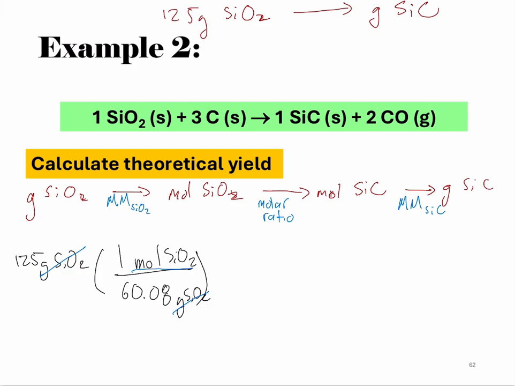Then we use the molar ratio. And where do we get the molar ratio from? The balanced chemical equation, which we know this is balanced. And what is the ratio here? Yeah, it's a 1-to-1 ratio. That's exactly right. So we have 1 mole of silicon dioxide gives us 1 mole of silicon carbide.